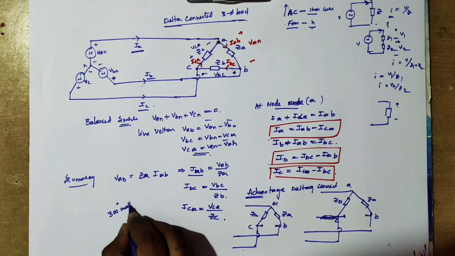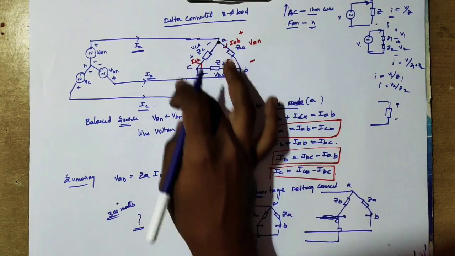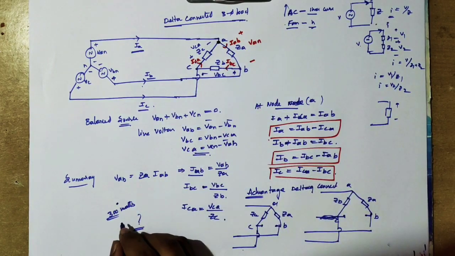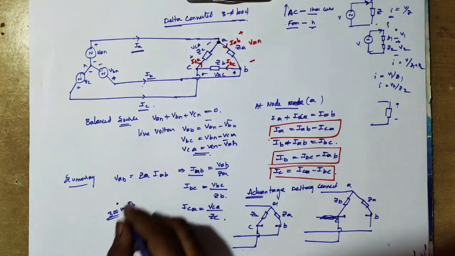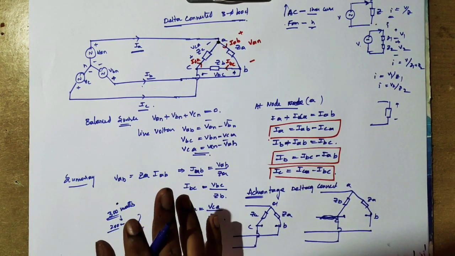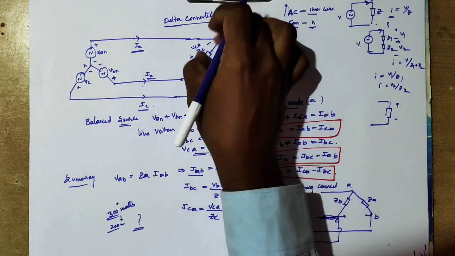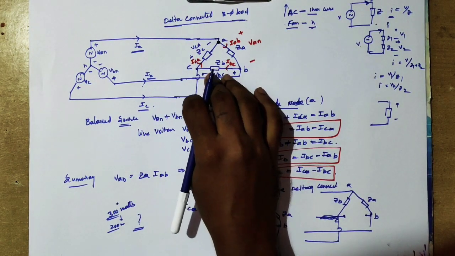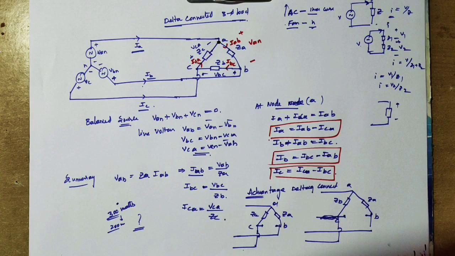If I remove ZB, the power drawn is reduced from 300 to some 200 watts, but each individual load is not affected. We'll solve a sum on this right now.